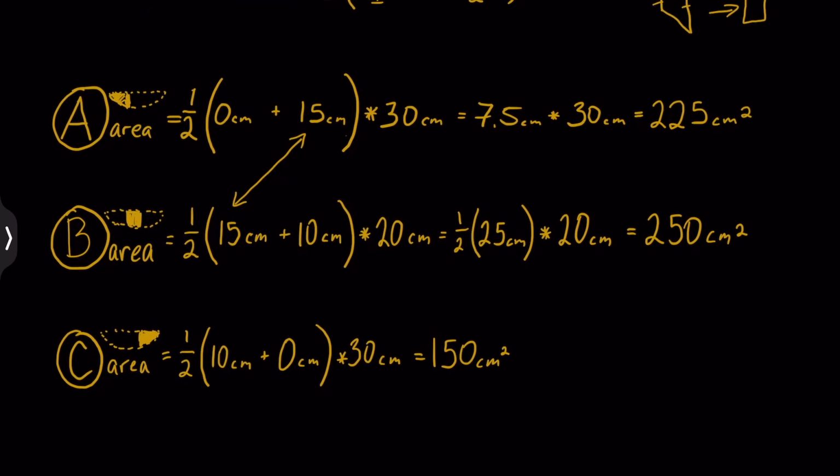Likewise for C, computing it all out, a 10 centimeter depth plus a 0 centimeter depth, averaging out to 5 centimeter depth, times 30 centimeters of width gives us 5 times 30 is 150 centimeters squared. Okay? And between these three polygons, now we've got the whole area, or the approximate area, of the total cross-section represented.